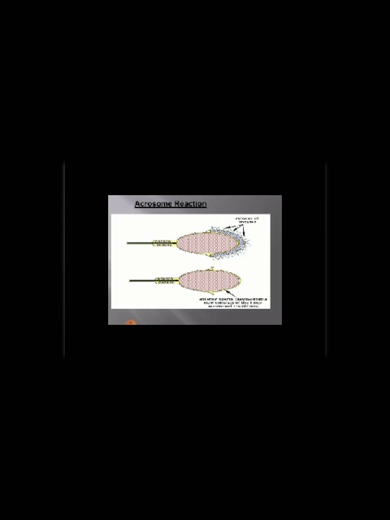Again, in this process the membrane fusion occurs, but the event involves the acrosomal membrane of the sperm and the plasma membrane of the egg. Now there is an exchange of material between sperm and egg.